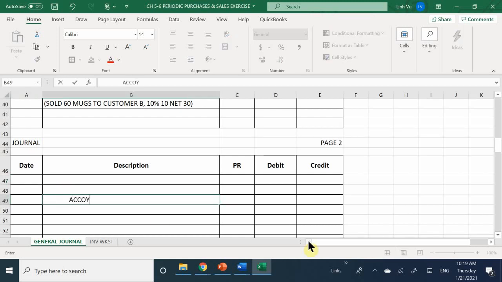So accounts receivable. We've got to reduce the amount that they owe us. Now, sales returns? Sales returns, good. Sales returns and allowances, because he is actually returning all 30 mugs to us.